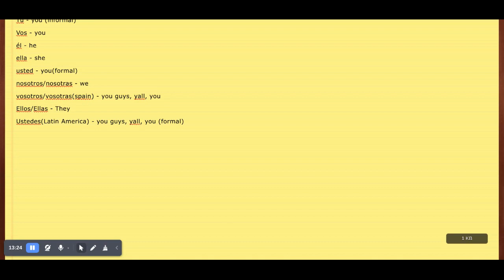And so typically the way that Spanish is set up is that anything that ends in an O or an OS is going to be masculine. So this means guys. And on the other hand, anything that ends in an A or an AS is going to be feminine. So this refers to girls, right?